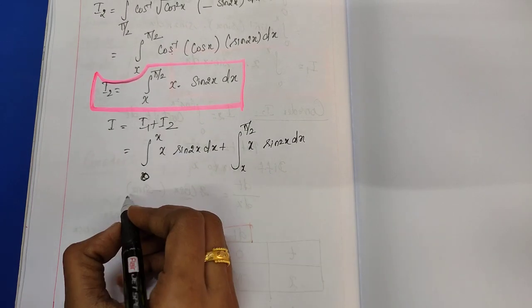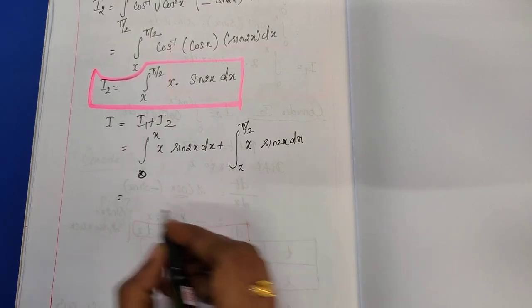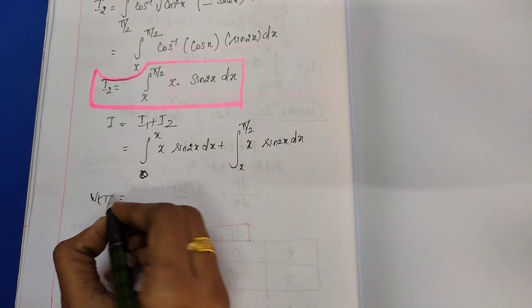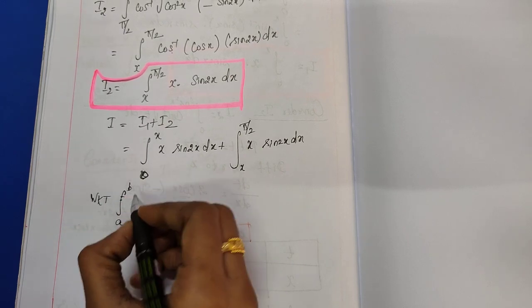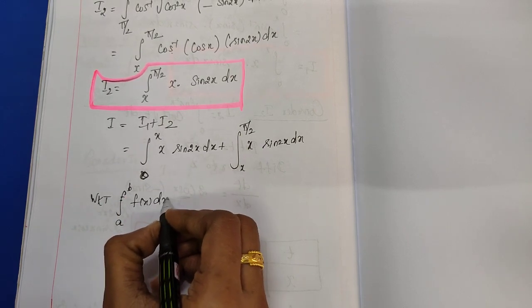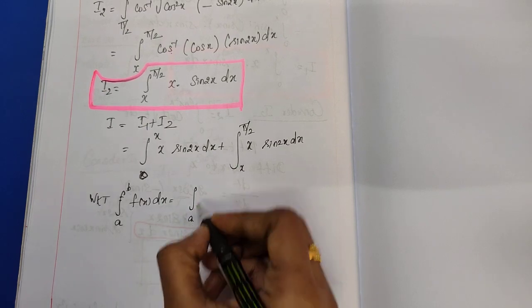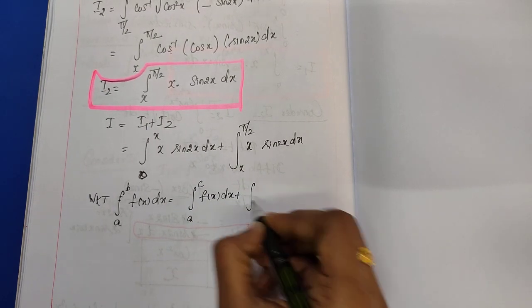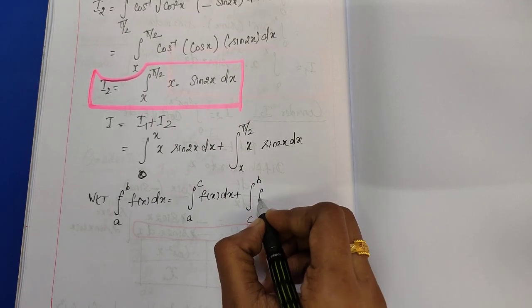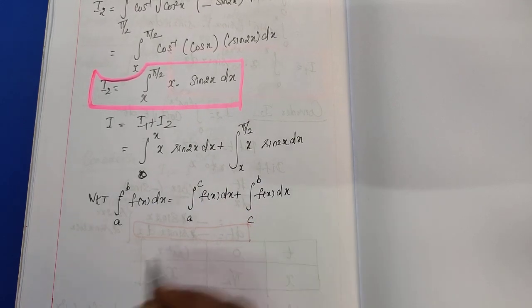Now we know one important property: the integral from a to b of f of x dx is equal to the integral from a to c of f of x dx plus the integral from c to b of f of x dx.